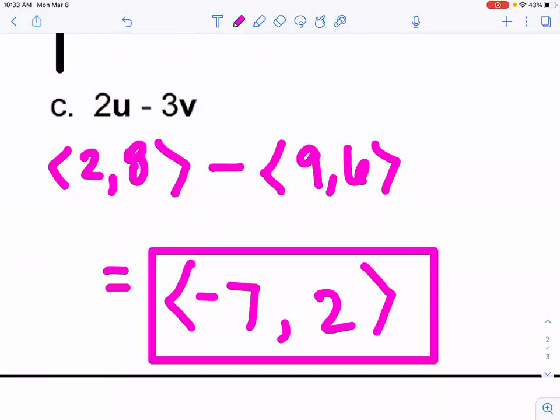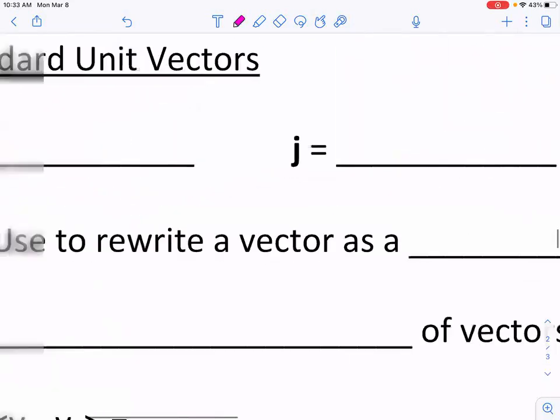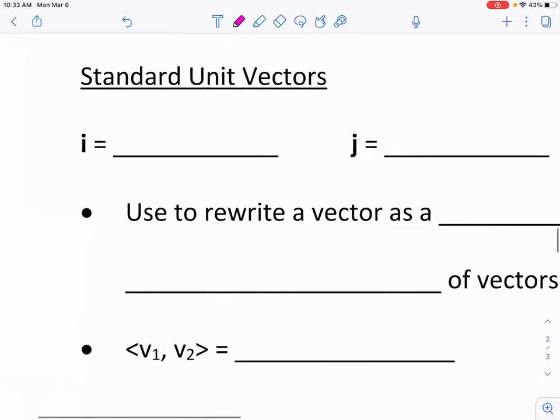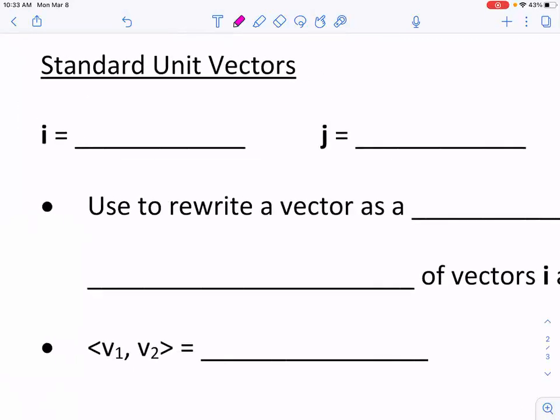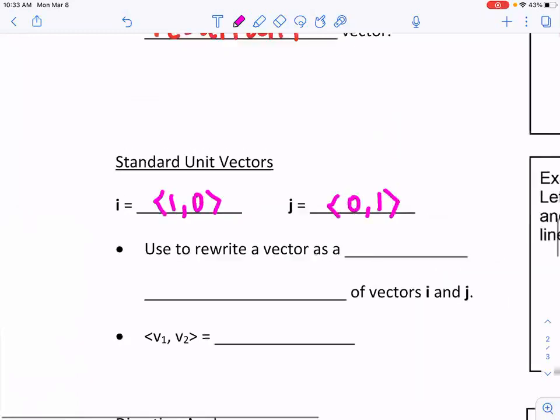Now, do you remember me saying there's 2 different ways that we can write vectors? Our standard unit vectors, i, this is not imaginary i, this is bold i. Vector i is the vector 1, 0. Vector j is the vector 0, 1.